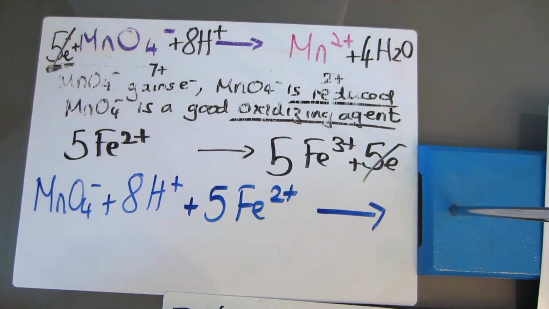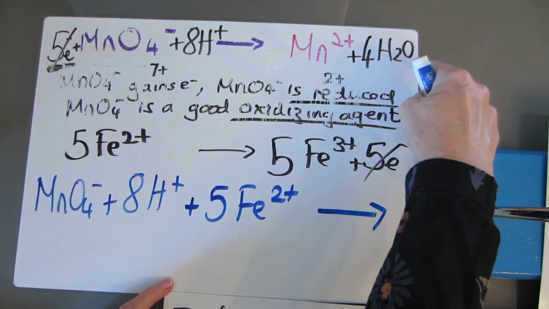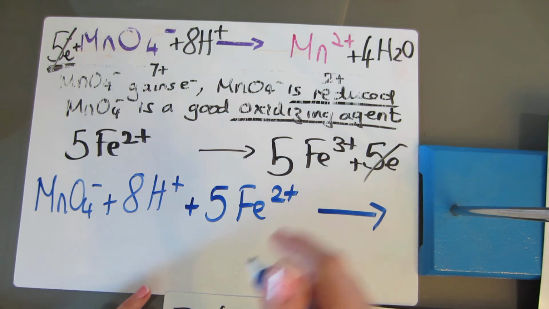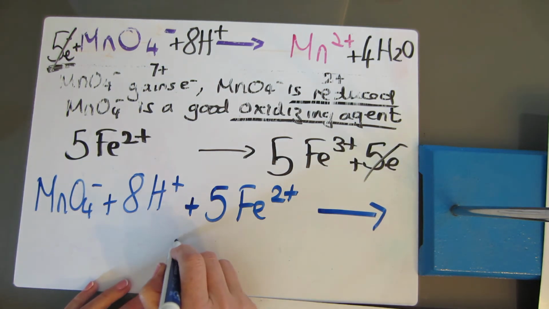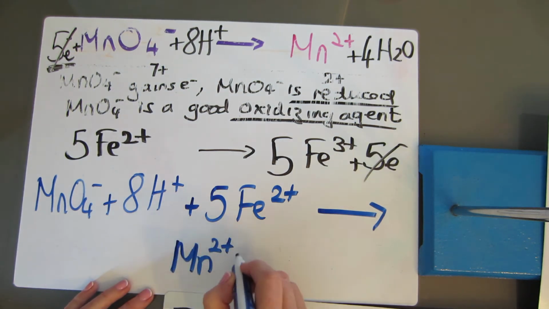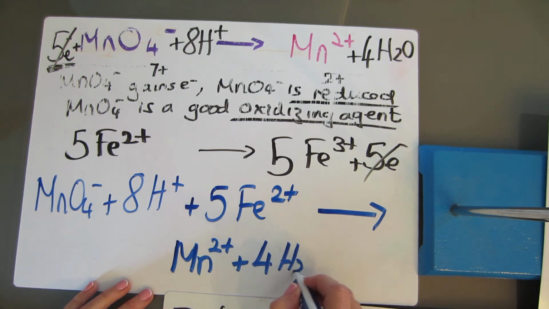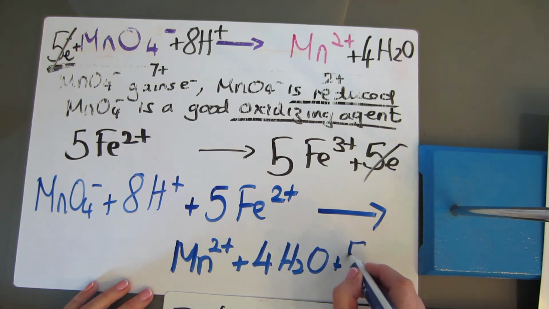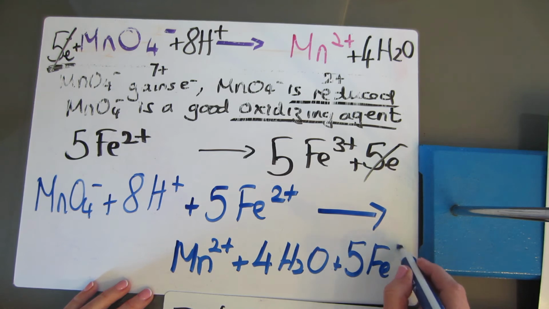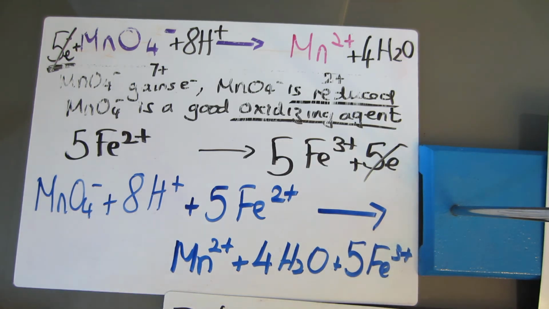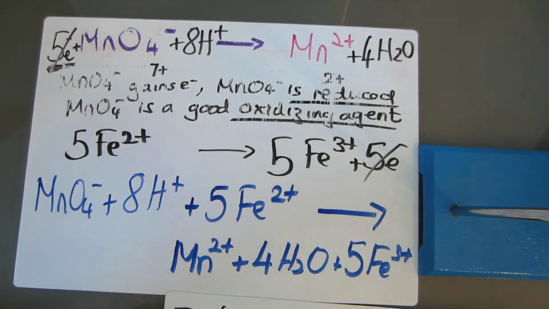And what are they going to become? The products from both half equations. So what is that going to be? Mn2 plus, 4H2O, 5 Fe3 plus, and that's your overall balanced redox ionic equation.